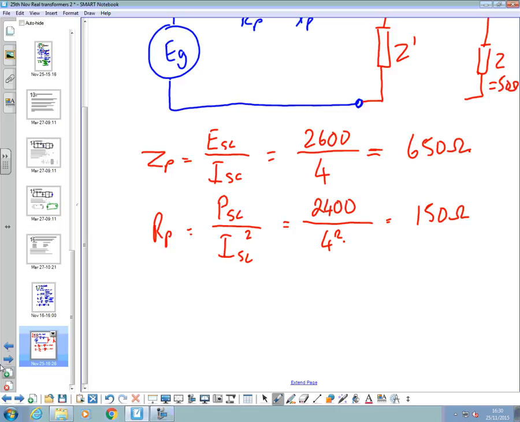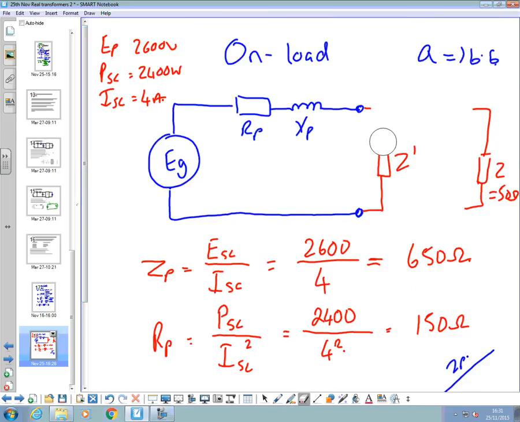What we've now got is a total impedance, and we got R. Remember, at this point, because we're talking about the circuit under these conditions, take that away, short circuit, ZL dash at the moment is nothing, because nothing times A squared is nothing.